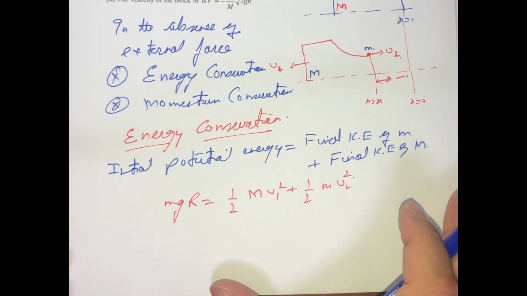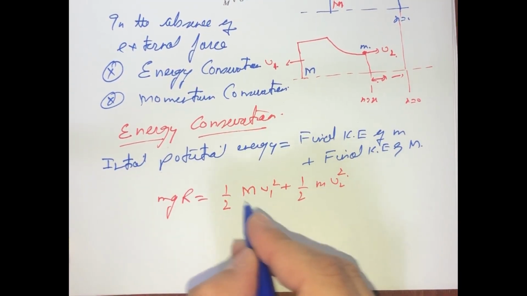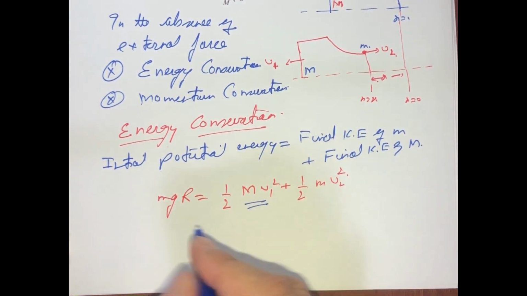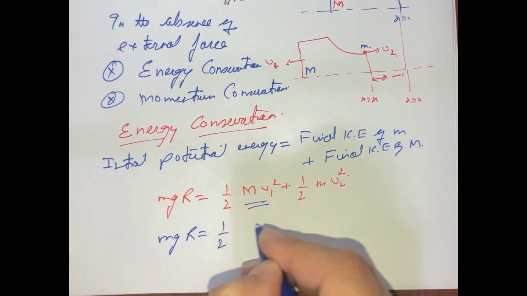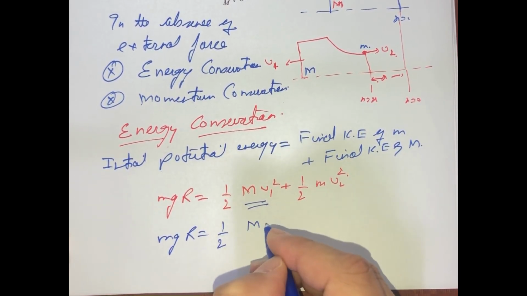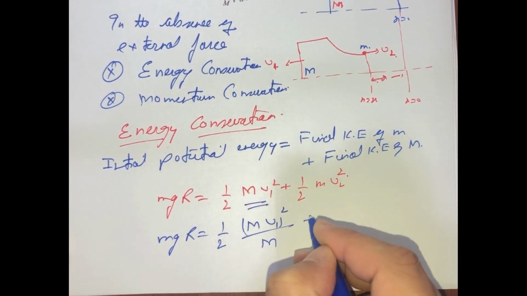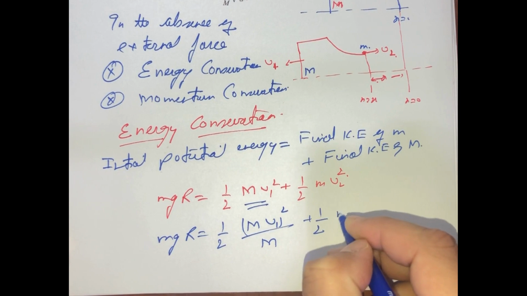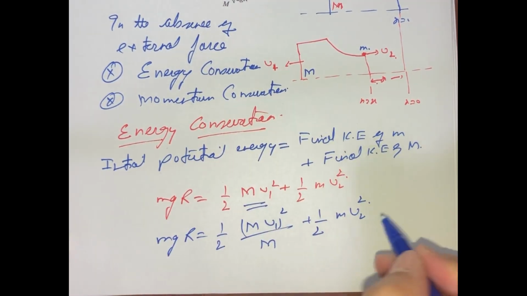Now we try to solve this a little bit further. We divide and multiply this part particular by capital M. So we can say mgr is equal to half, this will be coming as (m v1) whole square divided by M plus half M v2 square. Equation 1.